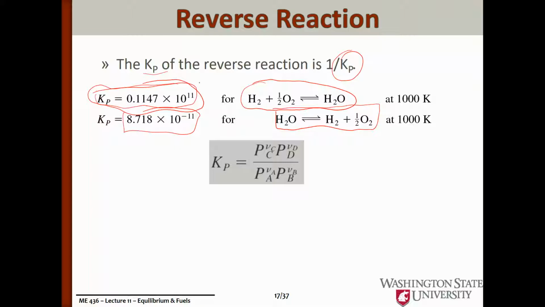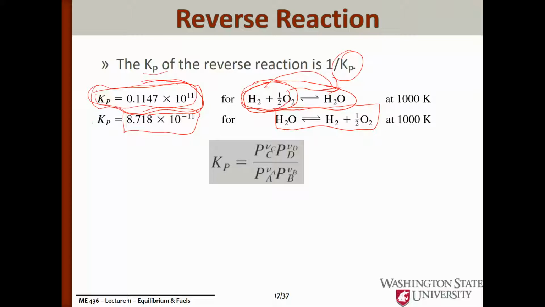What this means, again, I want to point out, is here I have a fuel and an oxidant that I know at this temperature should burn to produce water. And so I have a very large equilibrium constant, and that means it's going to go most of the way in this forward direction.